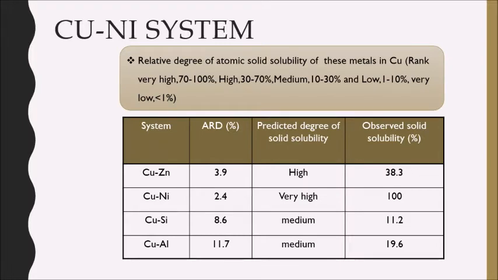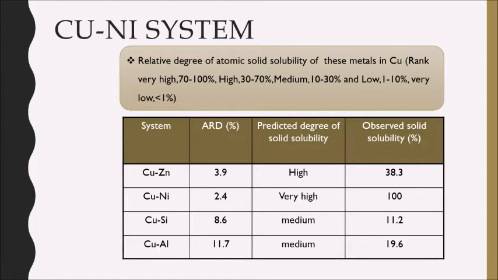Next, this table shows the system of Cu being compared with four different elements, which are zinc, nickel, silicon, and aluminium. First is the atomic radius difference. It can be calculated from the formula that I have mentioned before.